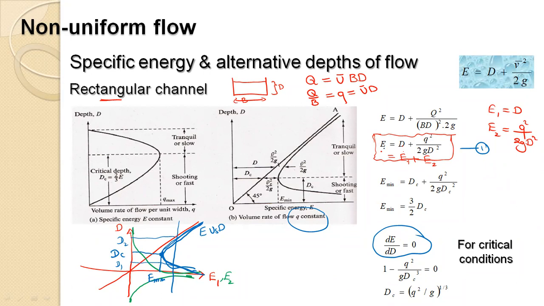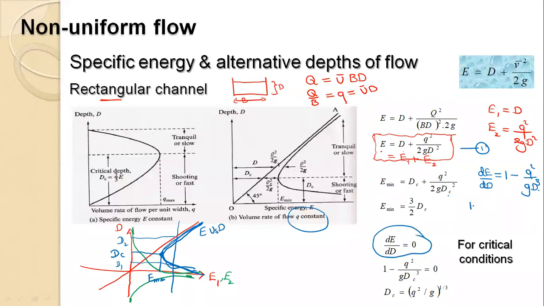If I differentiate this with respect to d, dE by dd would be equal to 1 minus, because this is a square term, q squared divided by g d to the power of 3. Since these are related to the critical conditions, this is the minimum one, and this d is now your dc value.